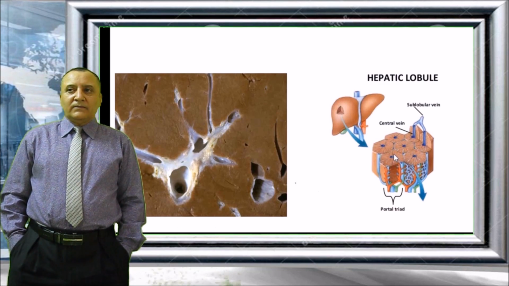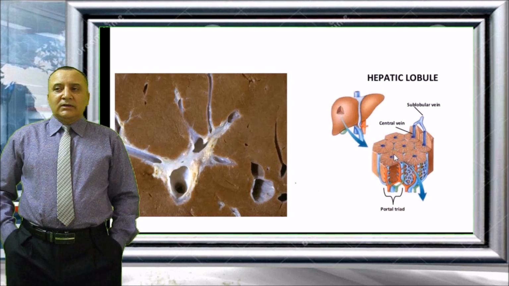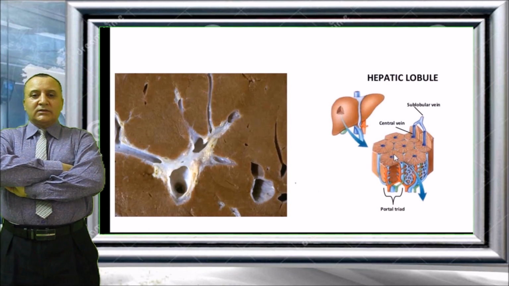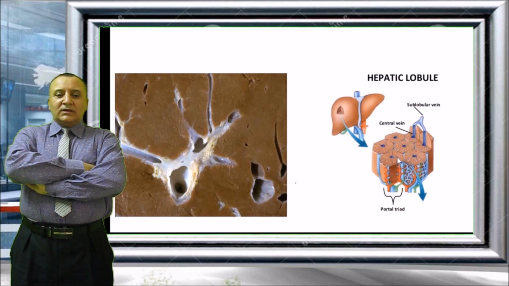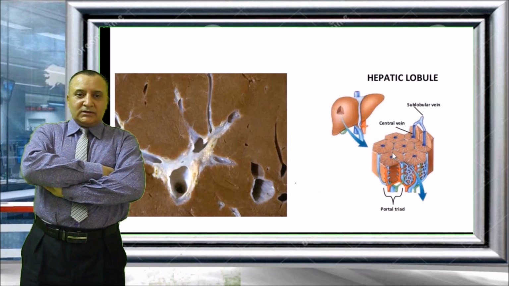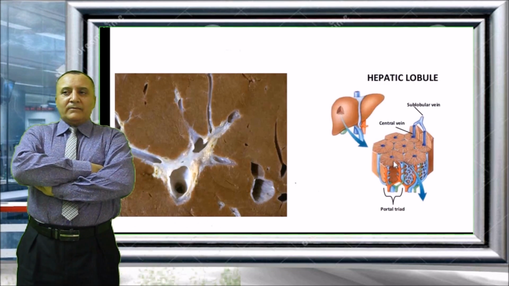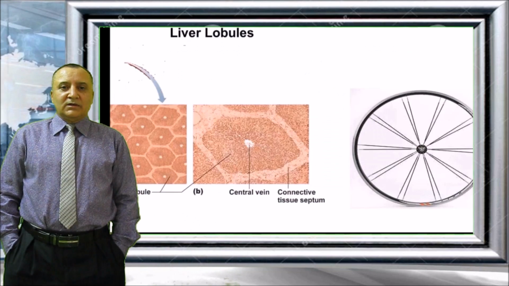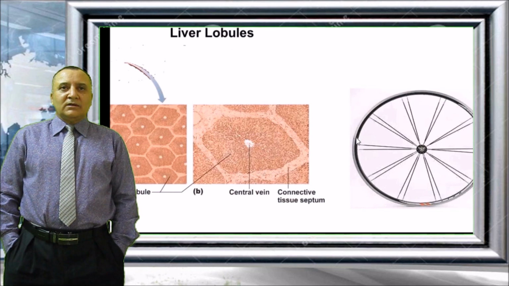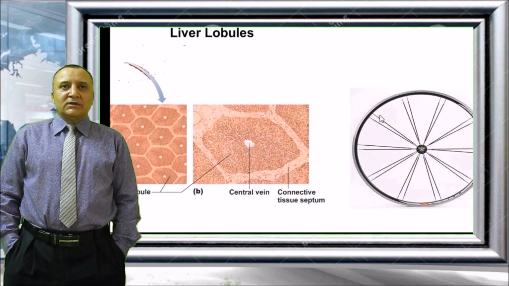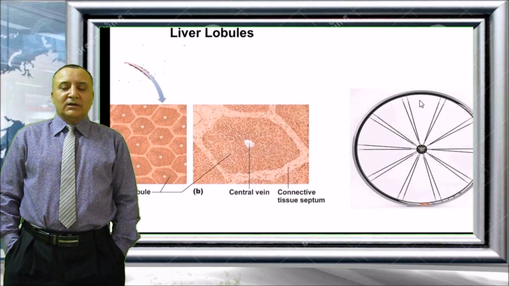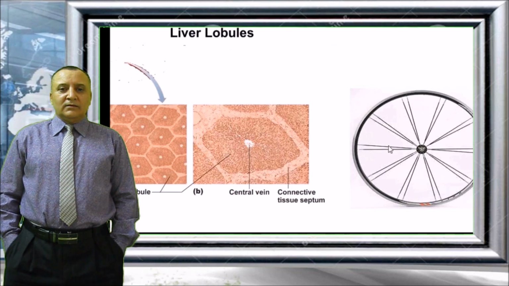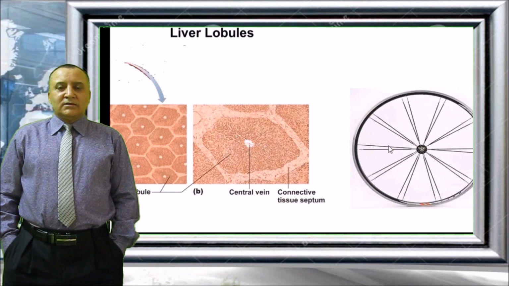The cells of the liver are called hepatocytes, and we have to know the arrangement of hepatocytes in the liver lobule. The cells are arranged like the spokes of a wheel in the hepatic lobules.